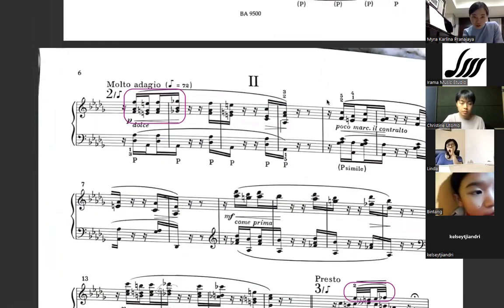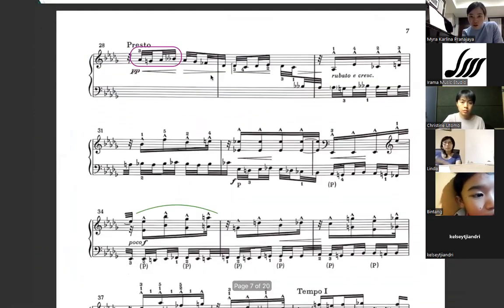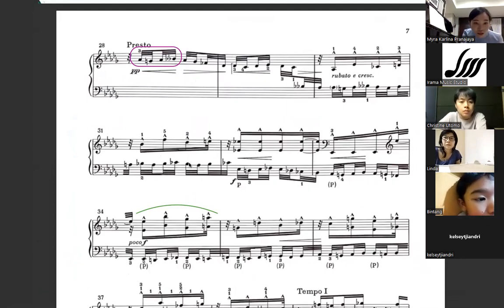you could see in bar 30, and also in bar 34, we have kind of the same thing, but reversed. So if in the final movement we have this, but here in bar 30 we have this, so it's the same thing, but reversed.